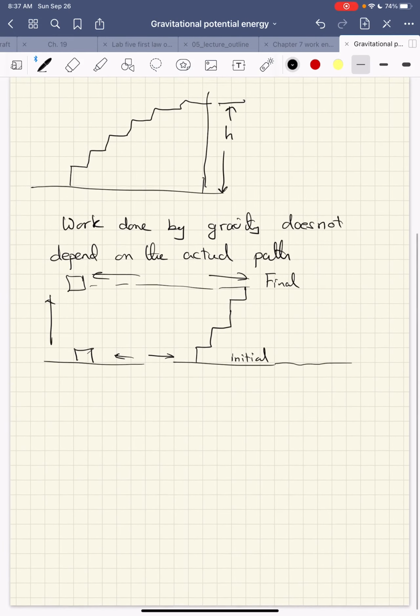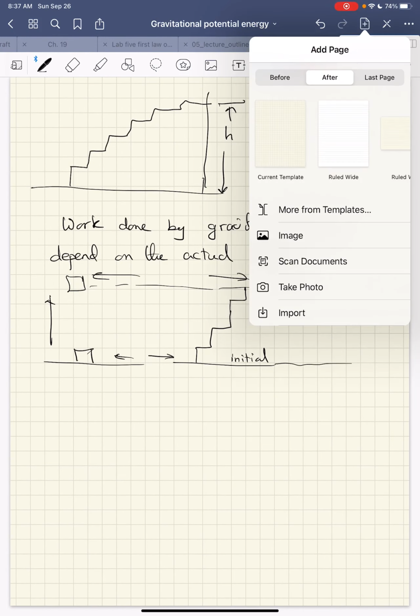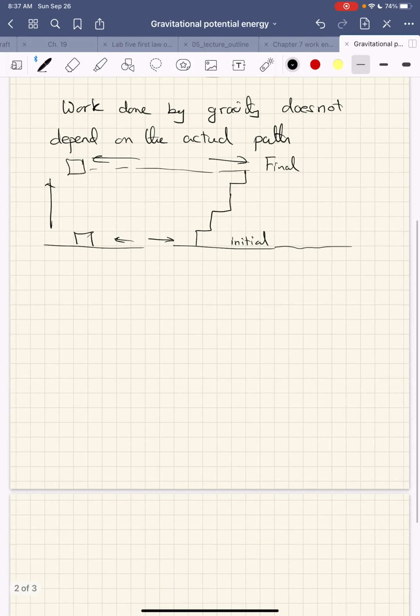We can define something called total mechanical energy.